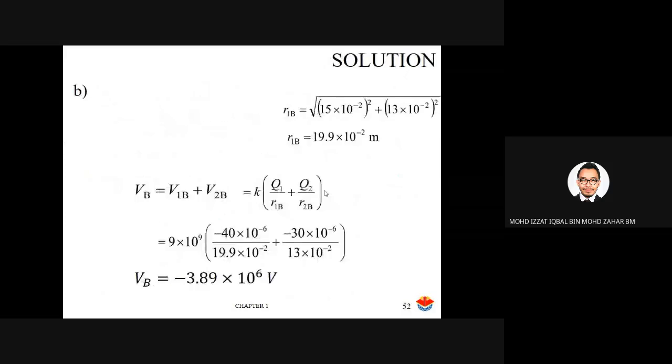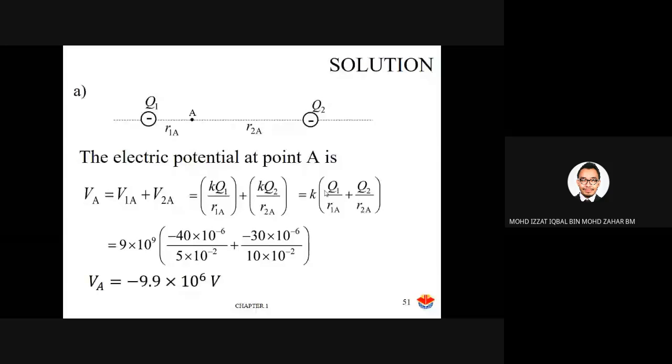So for the first part ni dah ditunjuk, the electric potential at point A is simply tambah, okay, dia factorkan K ni, you can factor that one as well, and then when you substitute the charges, make sure you include the negative sign. So this is a really important thing to do lah. Include negative or positive sign. Kalau positif tak perlu tulis lah.